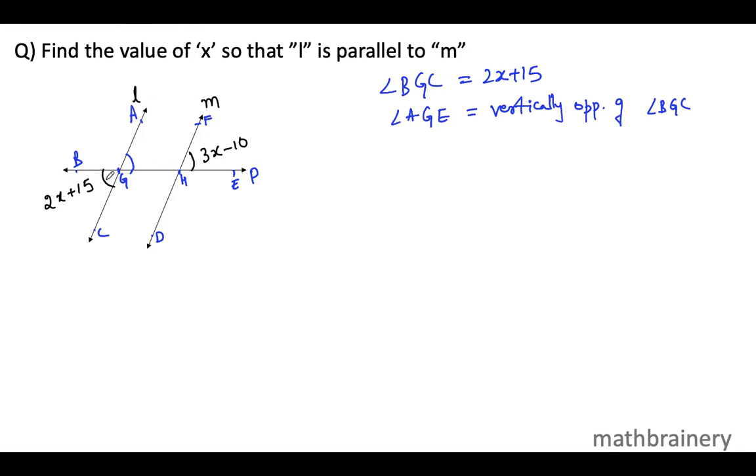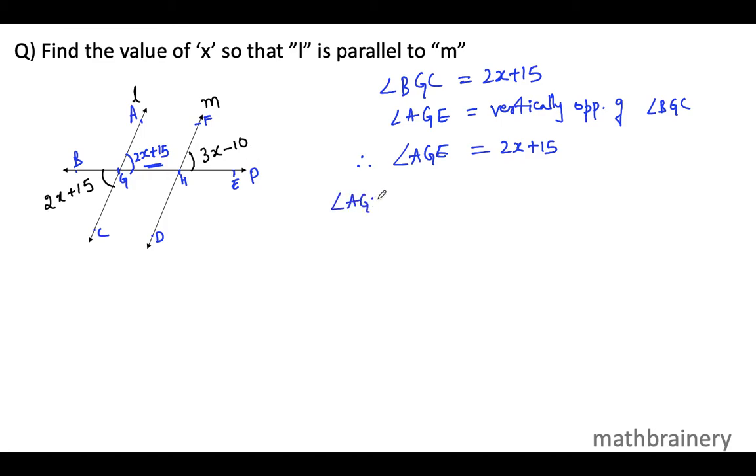Now we know that vertically opposite angles are equal. So I can write this angle also as 2x plus 15. So therefore your angle AGE is also 2x plus 15 degrees. Now you see, if L and M are parallel lines, then this angle AGE and angle FHE are corresponding angles, isn't it?